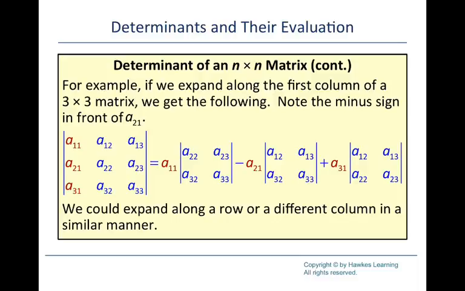So we've got this determinant of an n by n matrix. They're using the first column. So they're going to have whatever number is in A11 multiplied by its minor. And then remember, the sign changes for the second one. So it's going to be minus A21 times its minor plus A31 times its minor.